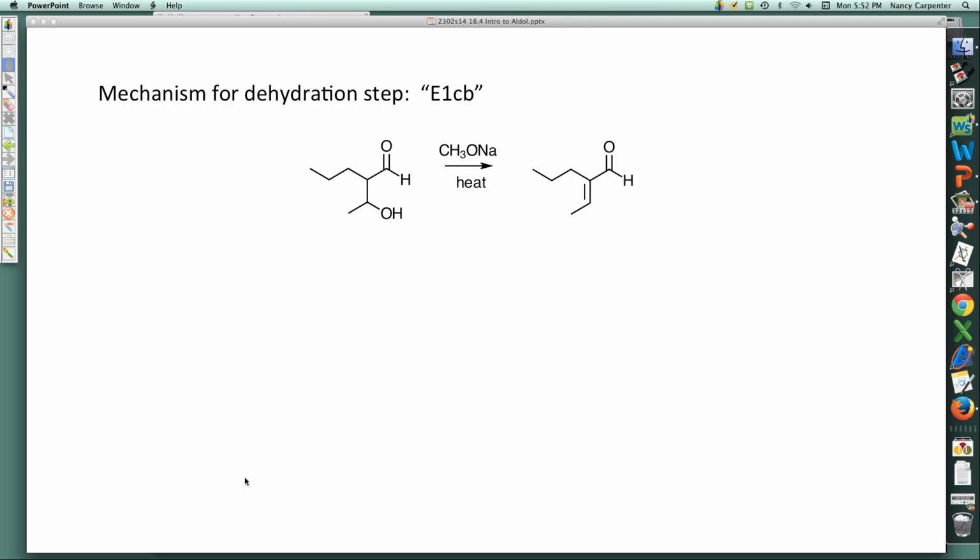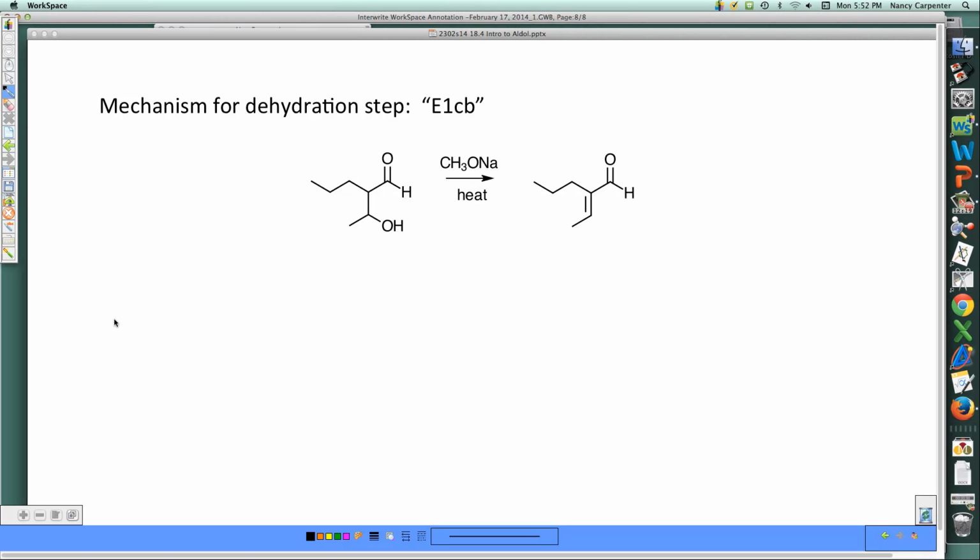Alright, now, what about this crazy dehydration step? It's kind of fishy. It's kind of making you think, well, Carpenter is a big fat liar because this doesn't make any sense. So what's happening here? Well, what's happening here is that I have a base that is deprotonating here, and that's fine and dandy.